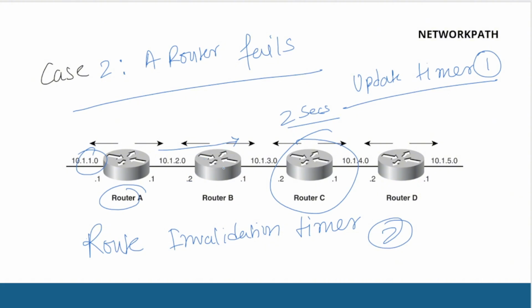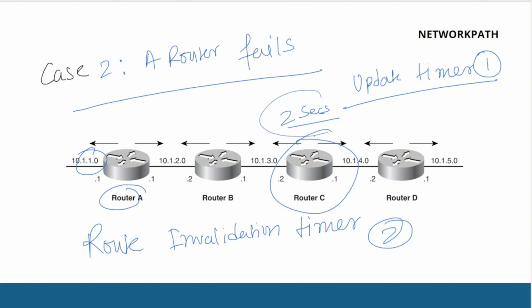Because router C's route invalidation timer is just 2 seconds, it will reset itself to 0 and mark in the table that network 1.0 is now not reachable and is unavailable.